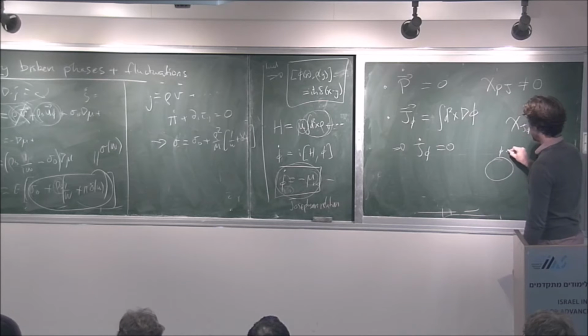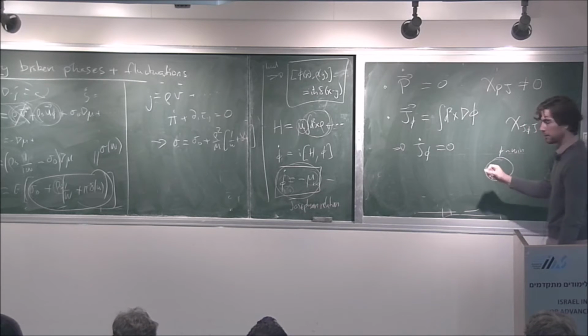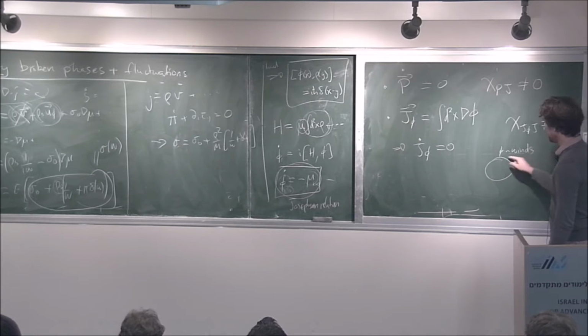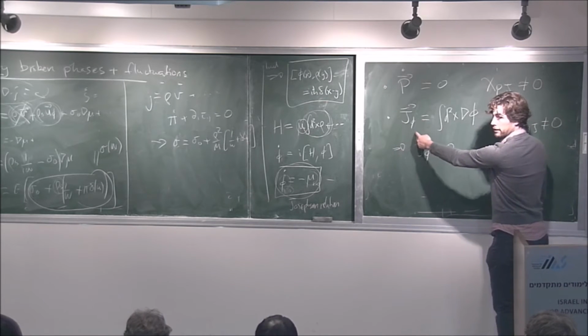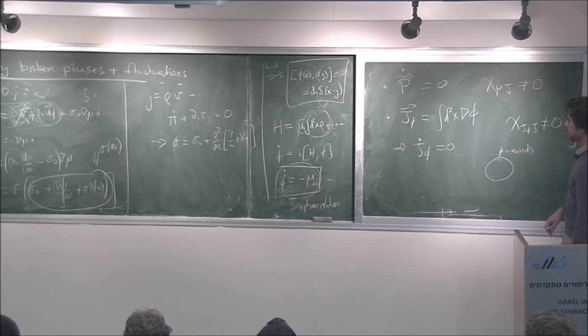If phi winds around the circle, then this j is not 0. But any local perturbation can't relax phi because it's a winding number.